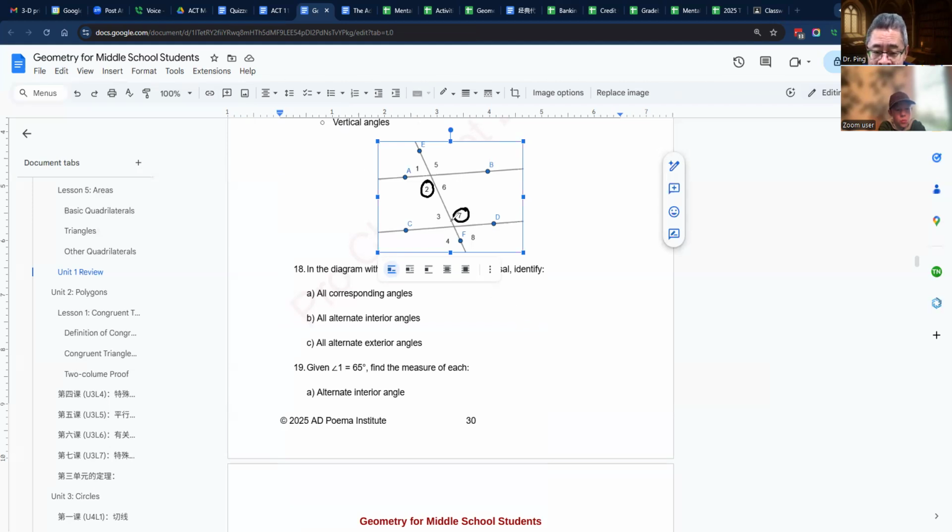And so therefore, 1 is 65. So therefore, 2 would be 180 minus 65, which gives us 115. Good.